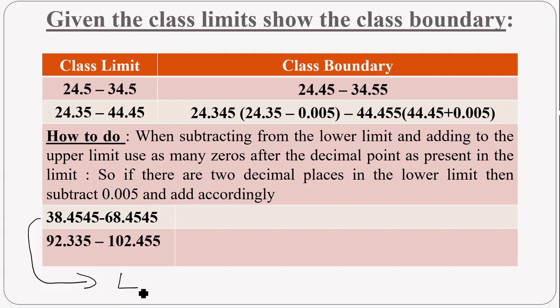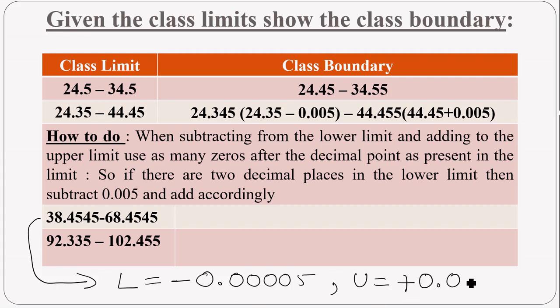First the lower limit, we need to reduce 0.00005, then for the upper limit, you need to add 0.00005. This is clear. So if you apply this, the answer will be 38.45445 and 68.45455.